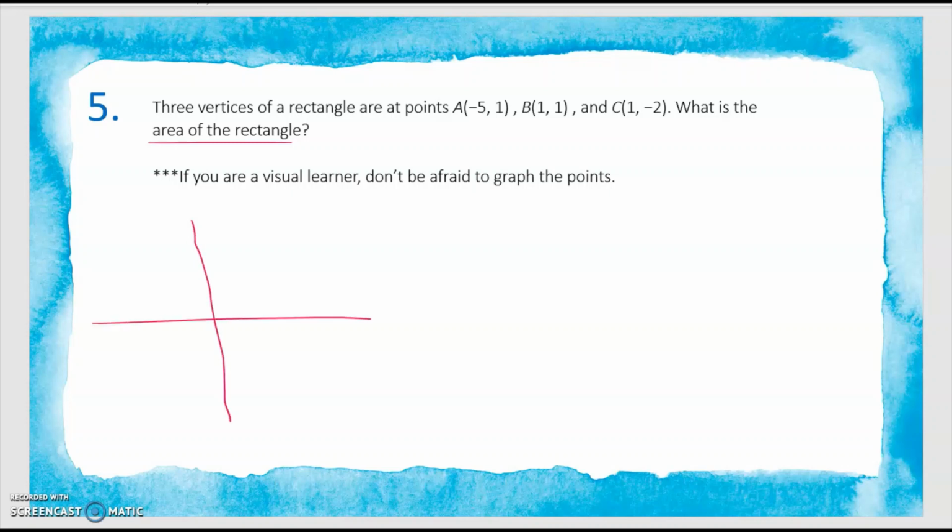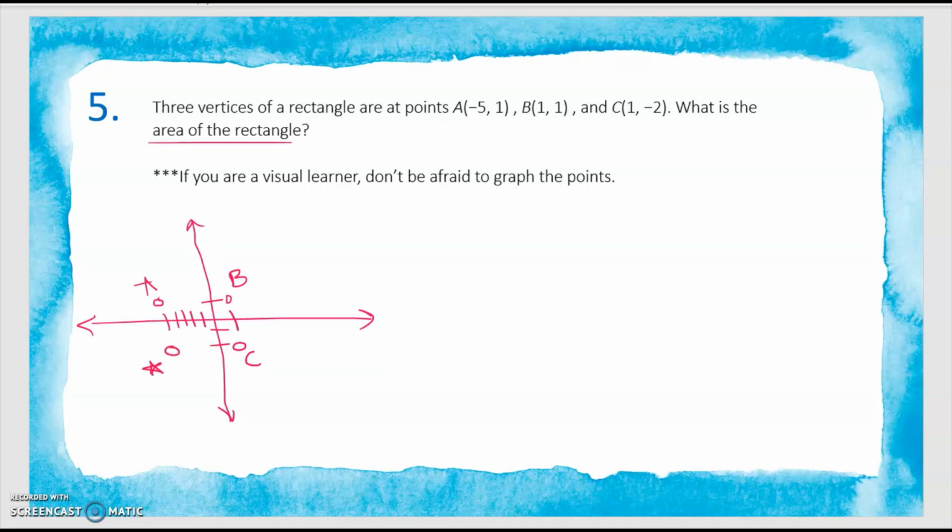I am a visual learner, so I'm going to make a graph. (-5, 1), I'm going to put that here. (1, 1) would go here. So this is A, B, (1, -2) would be here. And I know that my other point has to be right here.